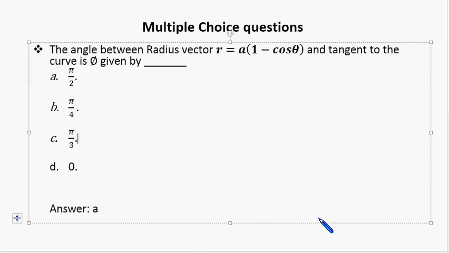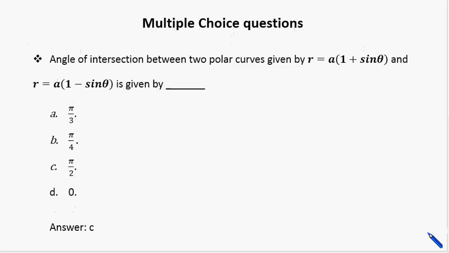The answer is A. The next one: the angle of intersection between the two polar curves r is equal to a of 1 plus sin theta and r is equal to a of 1 minus sin theta is given by: option A pi by 3, option B pi by 4, option C pi by 2, option D 0. The answer is C.